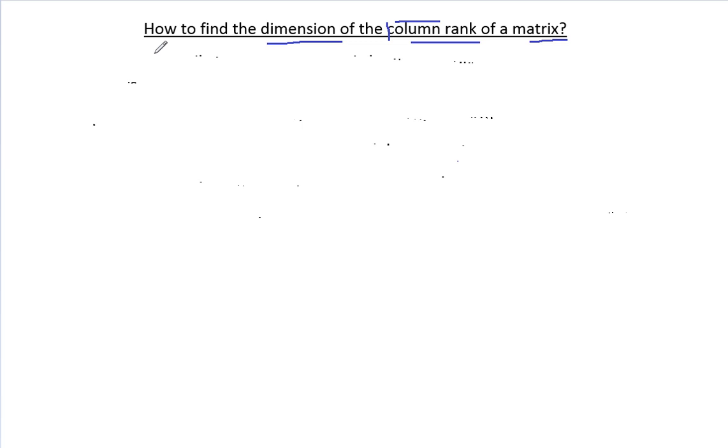So let's say now we are given this matrix: 1 2 3 0, minus 1 1 5 0, 0 4 4 1.